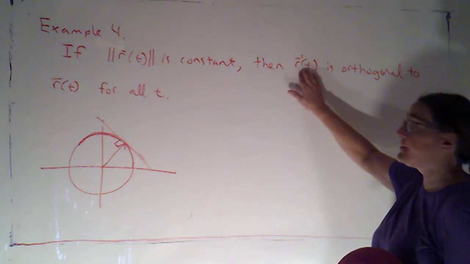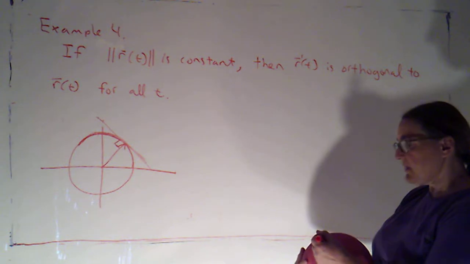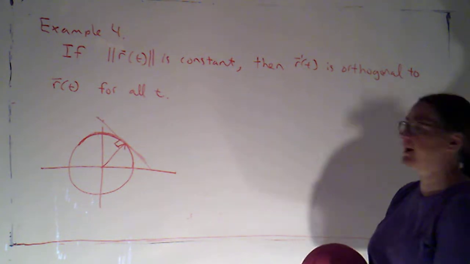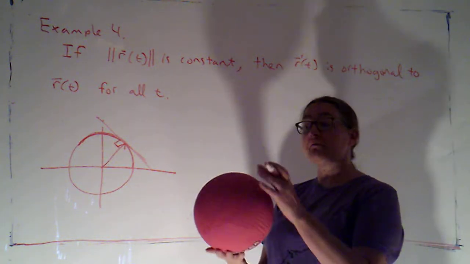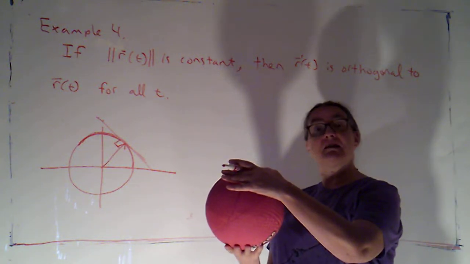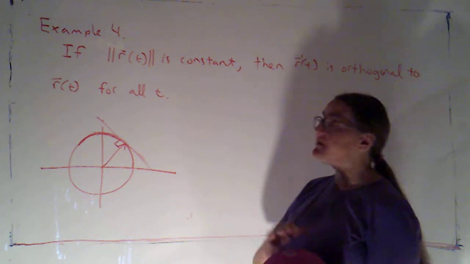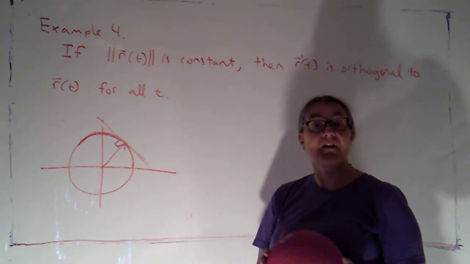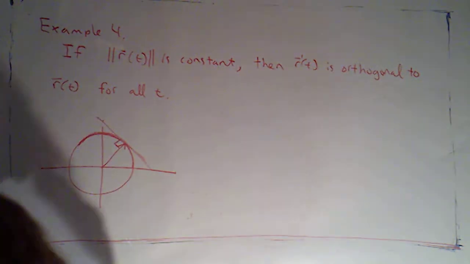Again, that means either the derivative is 0, which could occur if I'm sort of pausing and changing direction at some time. But if it's not 0, that means that the derivative of any curve that lies on this sphere is going to be orthogonal to the position vector that's pointing to that point on that curve. Kind of cool. Let's see if we can't prove it.